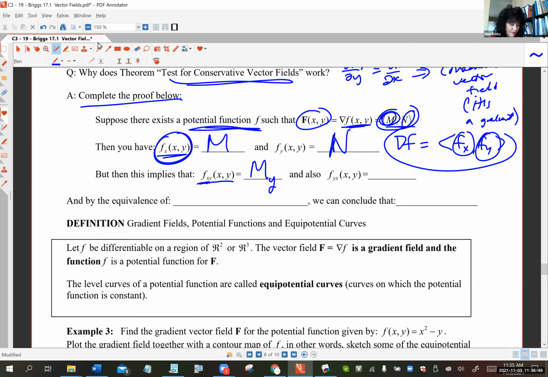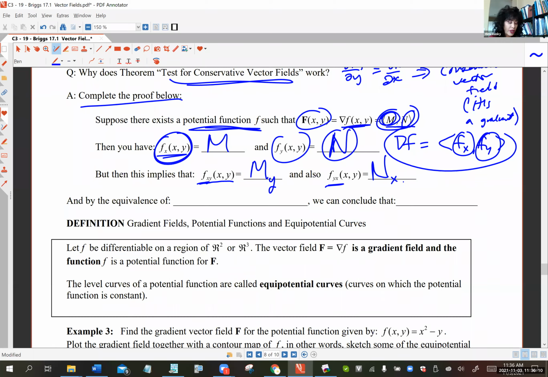Yeah, so what? No, we're getting somewhere, trust me. And then when you take f_yx, which is basically saying take f_y, but then take its partial with respect to x, that would be the same as saying, let's take the partial of N with respect to x.